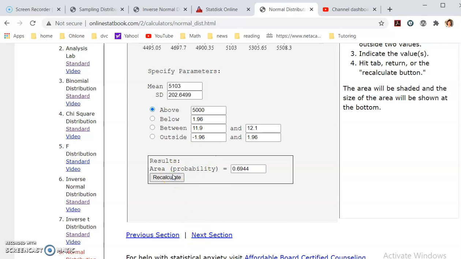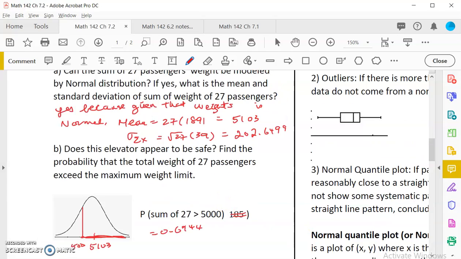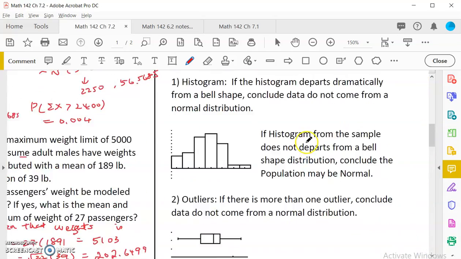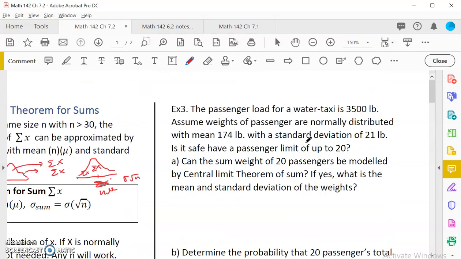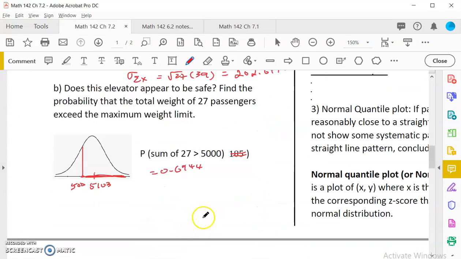So 0.6944, so 69%. Should they allow 27 people to come in? They should not, because it is not safe. So you would say here that it does not appear to be safe.